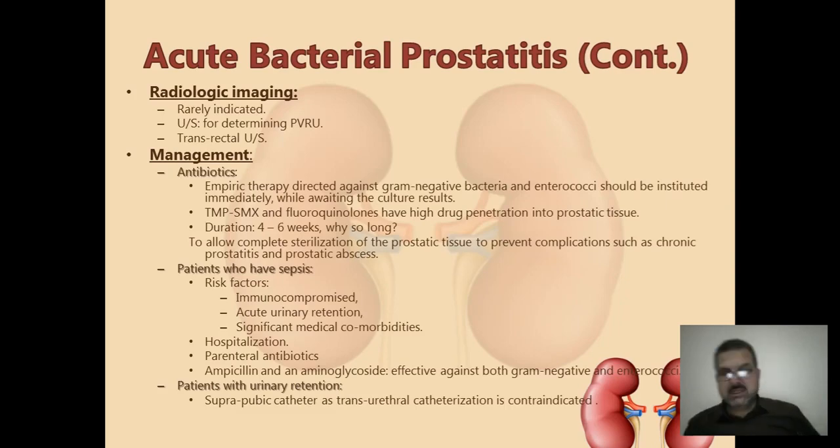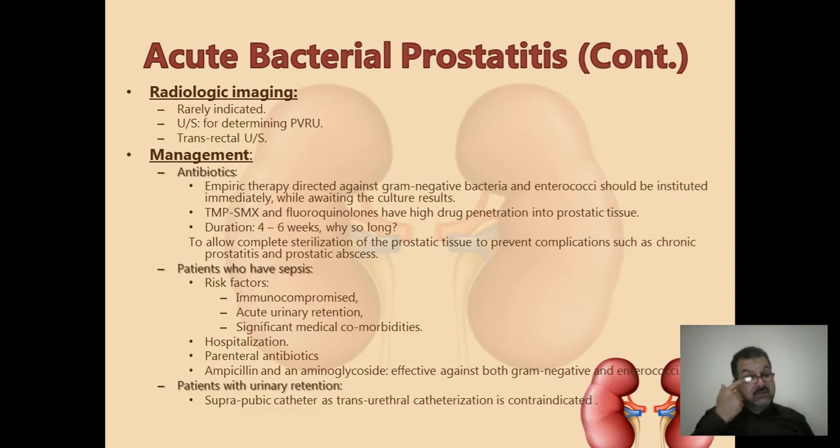If the patient is septic or near to sepsis, you need to admit these patients, give IV antibiotics, supportive measures, and IV fluids. Most of these patients will be immunocompromised, like diabetic, or have long-standing urinary retention with catheters and comorbidities, and these patients need more serious management.